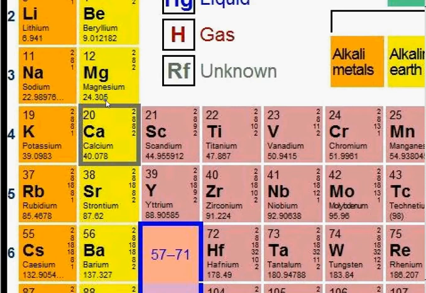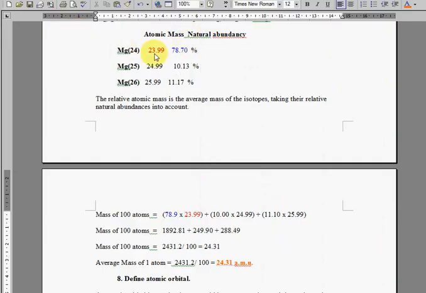So we'll refer back to the tutorial notes for that. You see, it's down to natural abundancy, so it's abundancy in nature. Magnesium 23.99 or 24 is 78.7% abundant in nature. And so too for the other times that magnesium exists in nature, its abundancy.